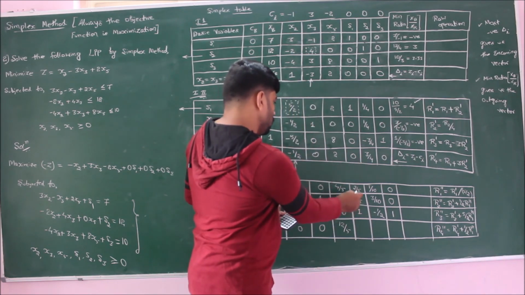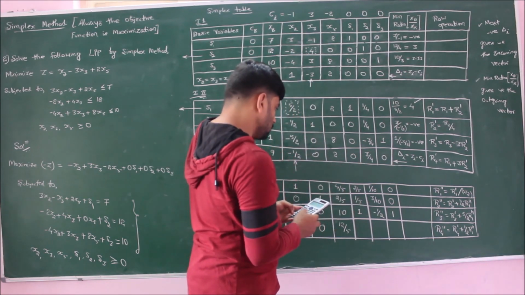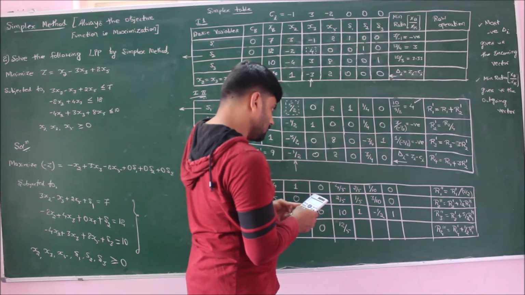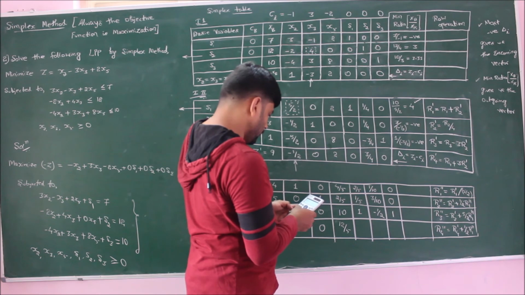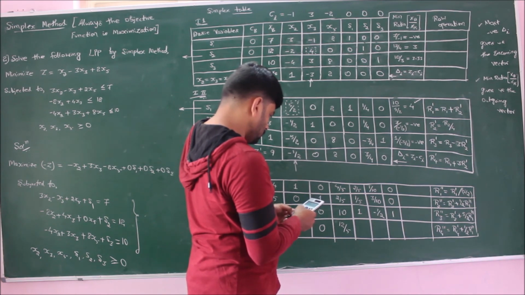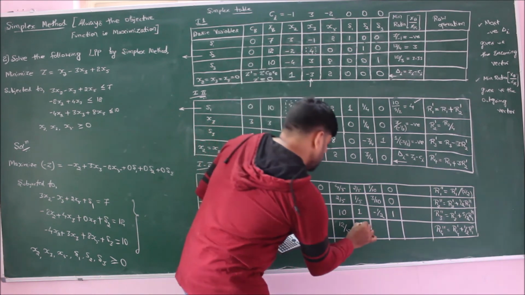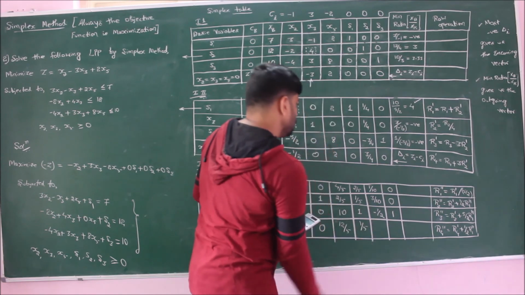Here we have 0, here we have 2 by 5, so 0 plus 1 by 2 into 2 by 5, I will get the value as 1 by 5.